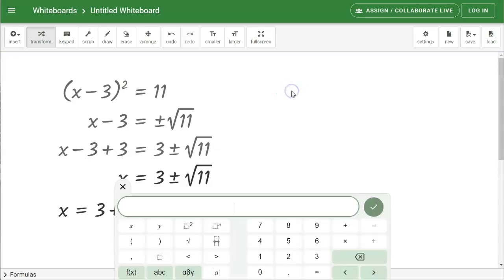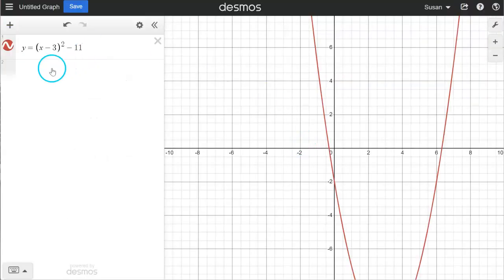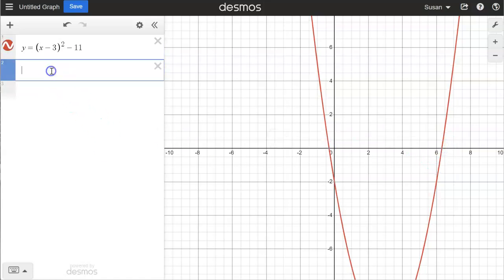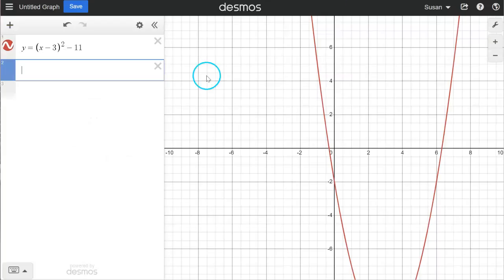I do want to show you also that they can use a graph to check. So let's take a look at Desmos. If I were to type my function into the calculator, of course it's going to cross the x-axis, and the answers are not very pretty, and that's because we have irrational solutions. One solution was 3 plus the square root of 11, and the other was 3 minus the square root of 11.